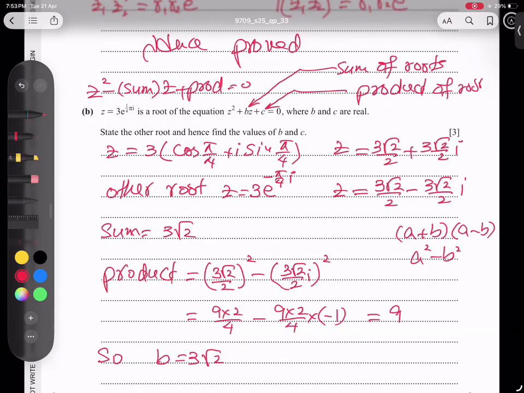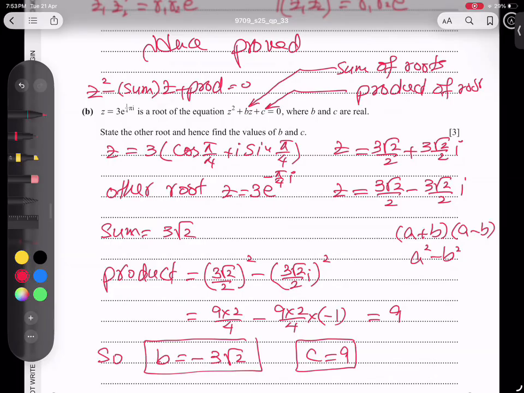If you look carefully, this negative sign must be there, so we have to introduce the negative sign here. This is very important, so that is why we are getting negative, and the C value is 9. I hope the concept of the question is clear, but I repeat it once again.